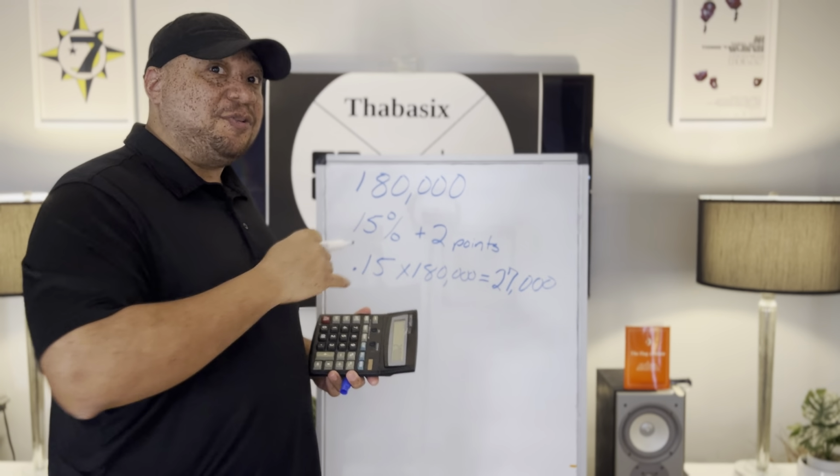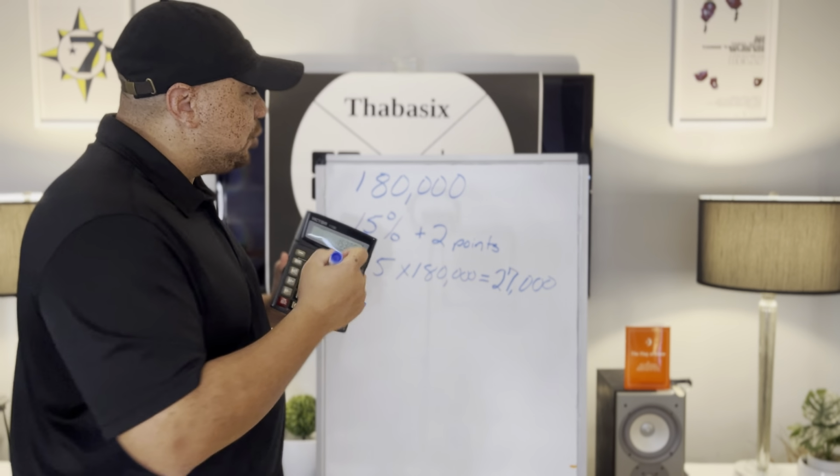So you would take the 180,000 minus the 27,000. So the difference is 153,000. That's the number that you would apply the 2 points to.